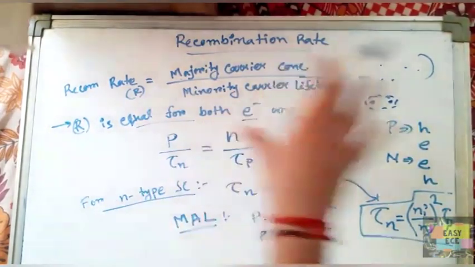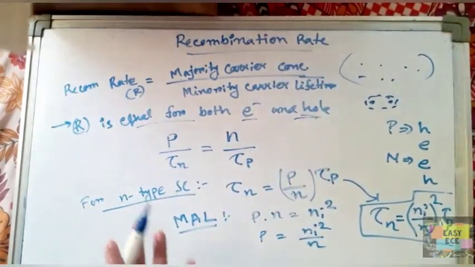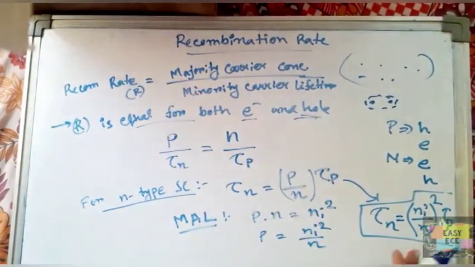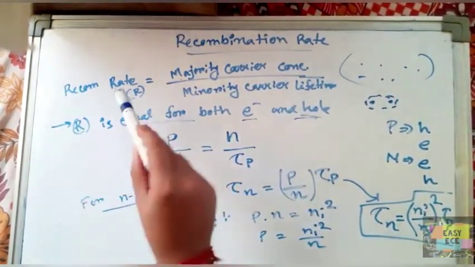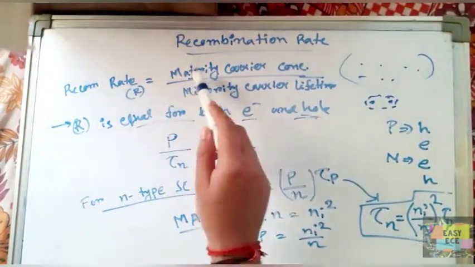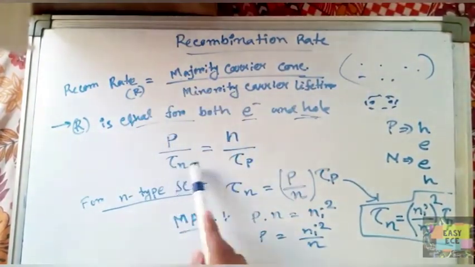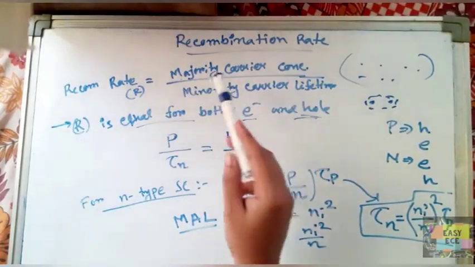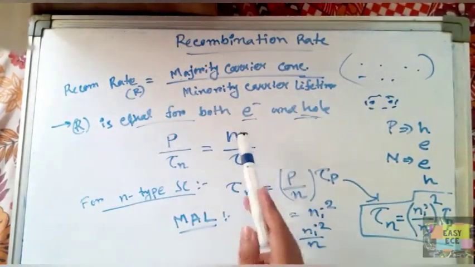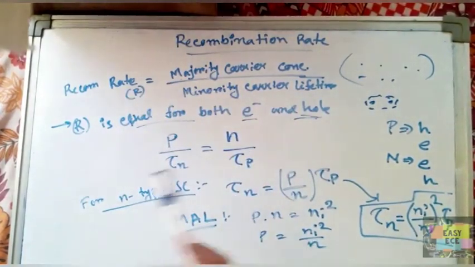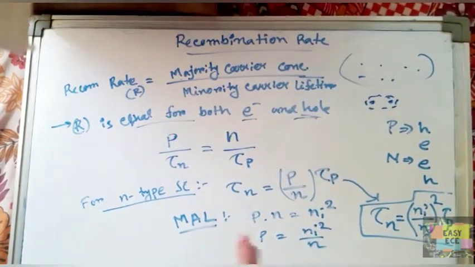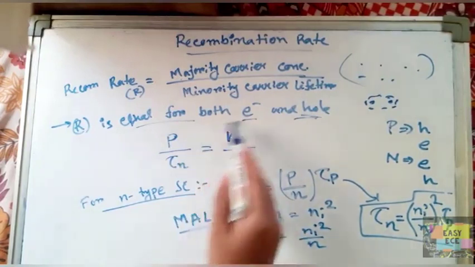So this is about the recombination rate. By this we can get the value of the lifetime also, and we can find the recombination rate for holes, that is p by minority carrier lifetime tau n, and for an n-type semiconductor it is n by tau p. Both are equal, for n-type or p-type, or for electrons and holes, so that's why we get this equation.